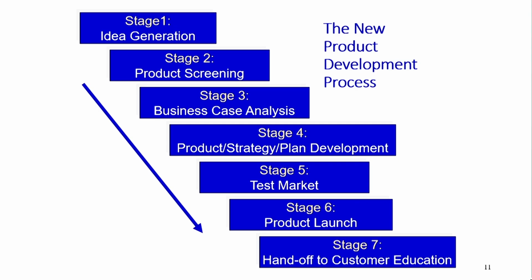So, the traditional view of the new product development process is in front of you on the screen. We have idea generation, then product screening, then business case analysis, then product strategy and plan development, then test market, then product launch, and then hand over to the sales, general mainstream sales.